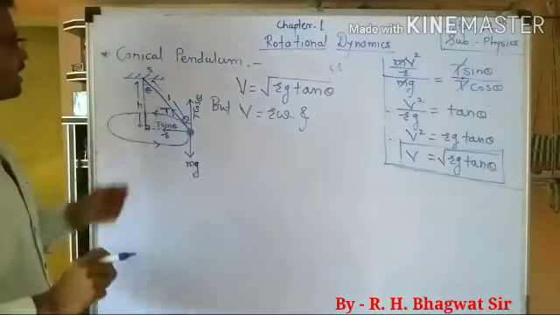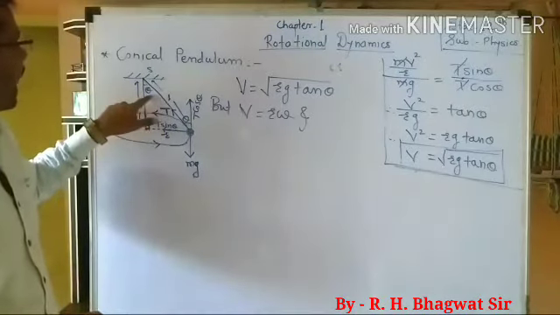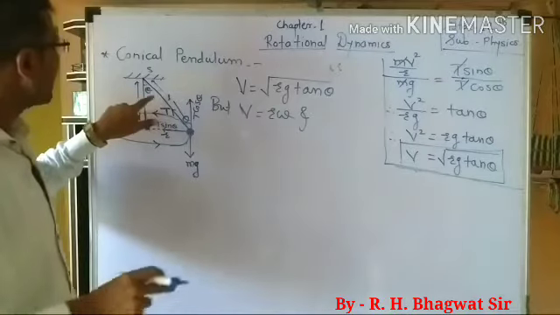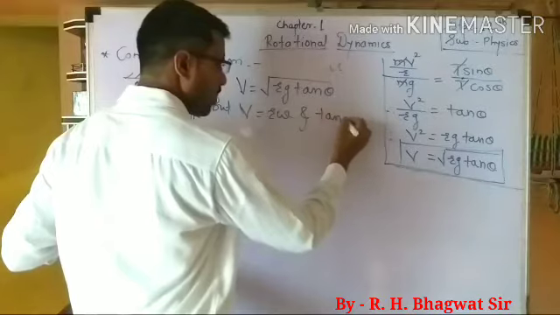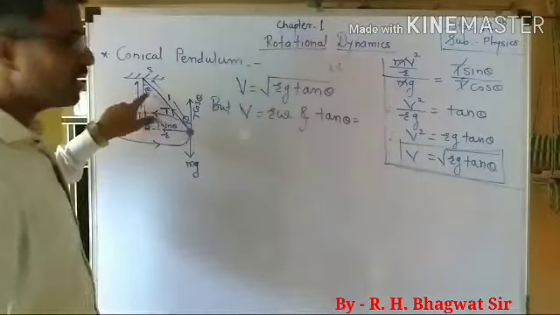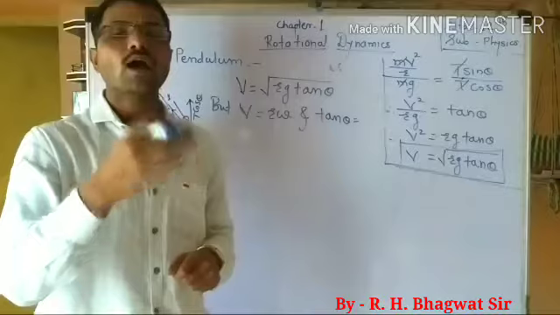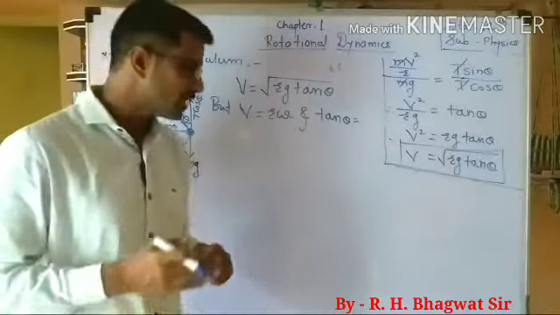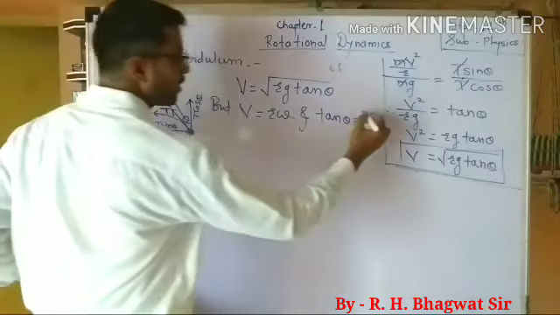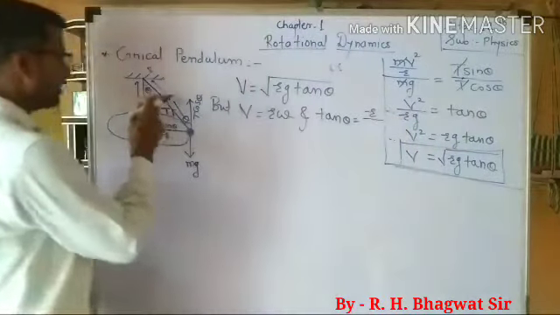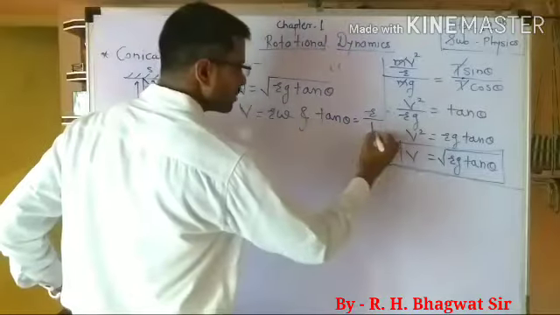Therefore, for this angle theta, tan theta is opposite side divided by adjacent side, which is r divided by h.